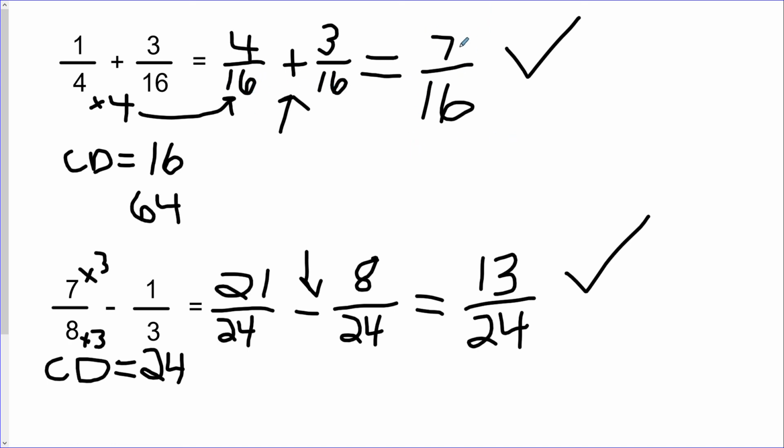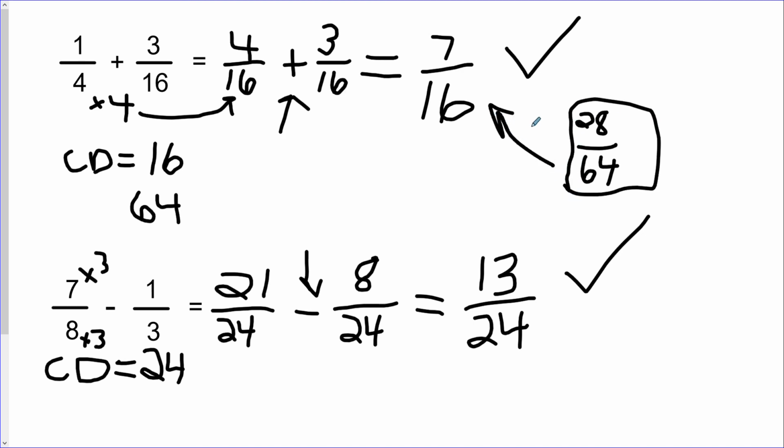Your ending question here would have a denominator of 64, but it means you would have to do some reducing to lowest terms. So if you found the common denominator of 64, your answer here would actually have ended up being 28 over 64, if you use 64 as the common denominator here and here. But then this one, when you reduce it to lowest terms, will simply equal that right there. So you will end up with the same answer either way. I just prefer to keep the denominators as low as possible because it makes the math as easy as possible.